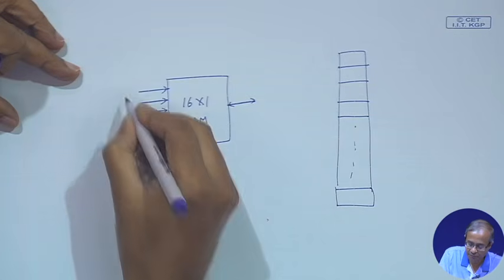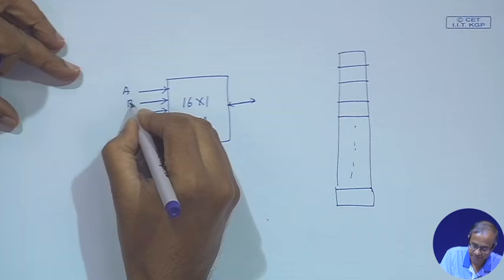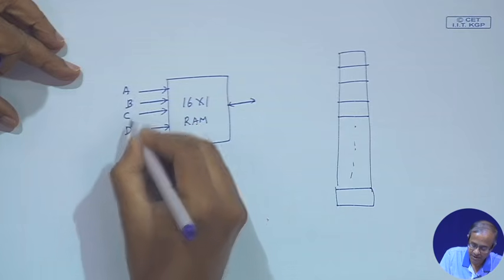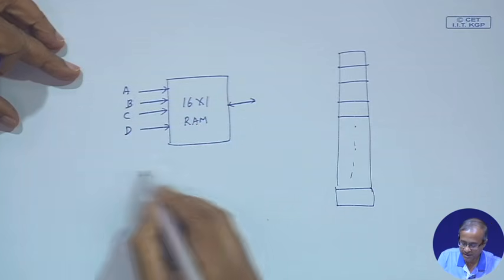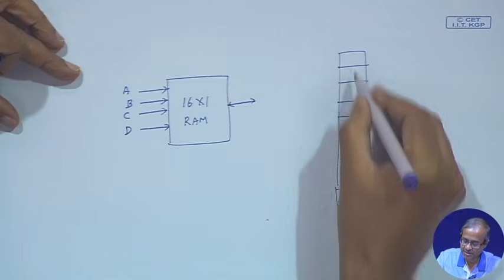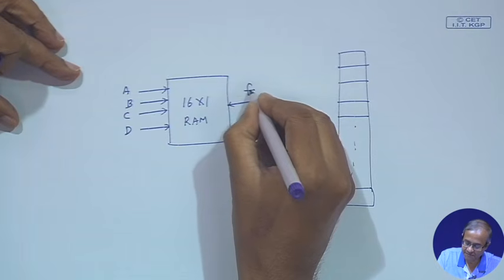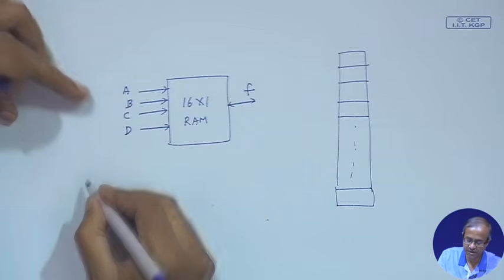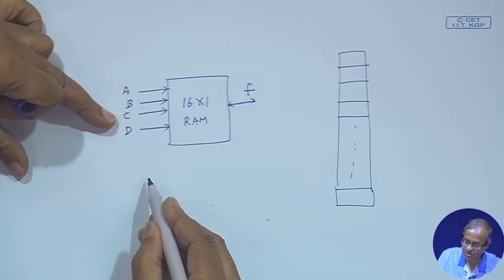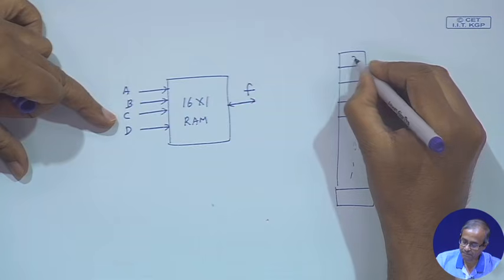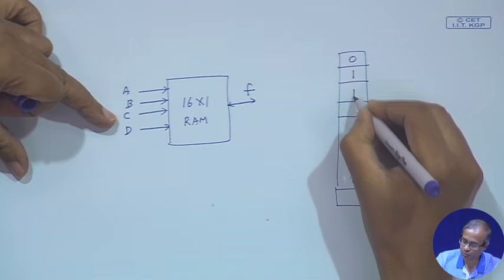You consider a 4 variable function a, b, c, d. Any 4 variable function, if you look at the truth table, there will be 16 columns. Suppose I want to realize some function f of 4 variables. I construct the truth table and I just fill up these memory locations by the output column of the truth table.